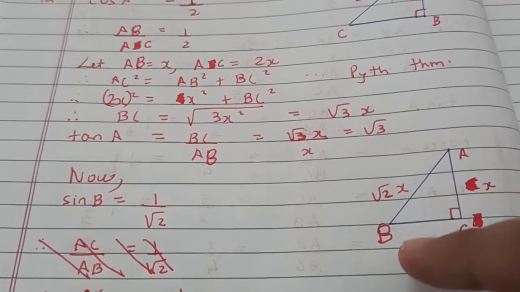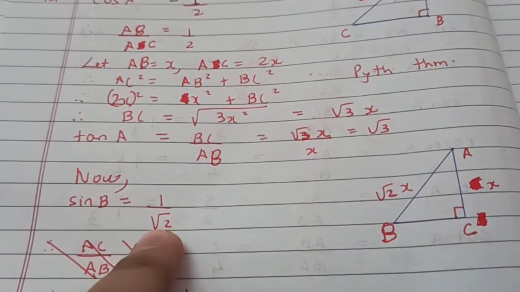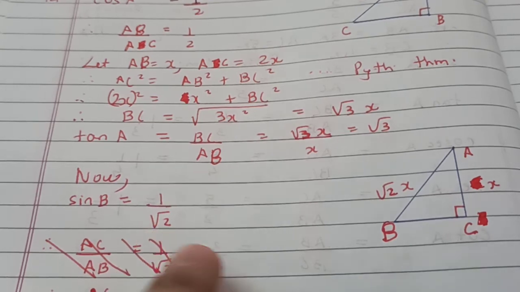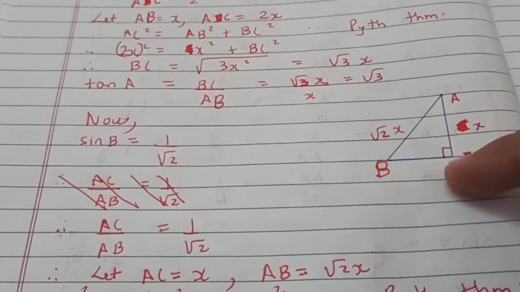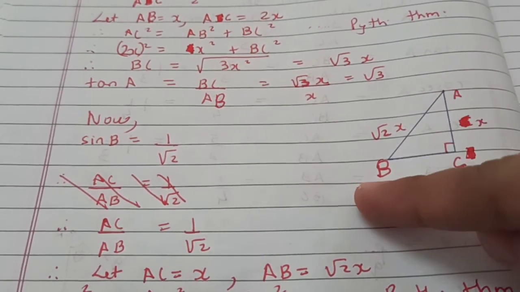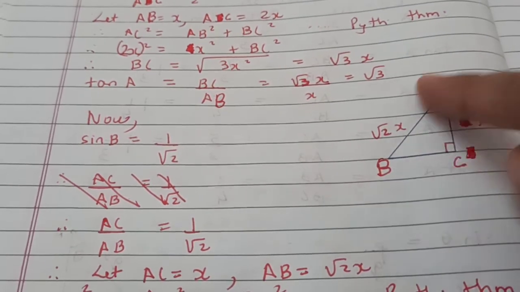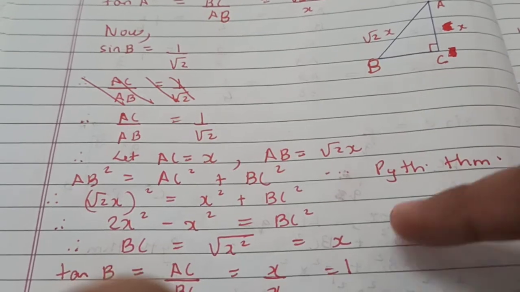In that case, if they have said that sine B is 1 upon root 2 and sine is opposite upon hypotenuse, that means AC is the opposite side for angle B and hypotenuse is AB. So we'll assume this to be 1x and this as root 2x. So by Pythagoras theorem, we can find BC, which comes out to be x.